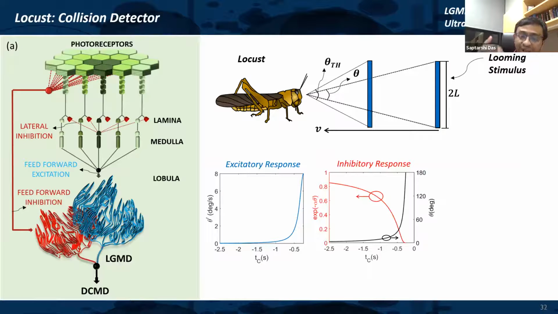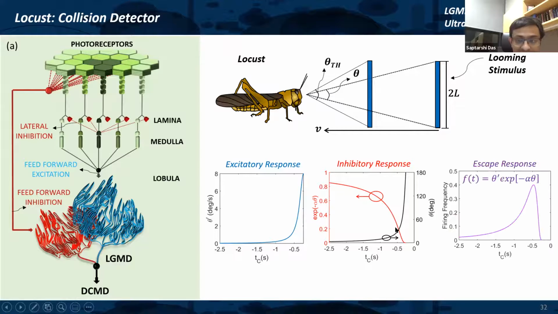Now, the angular projection theta actually comes to a lateral inhibitory network, and using this red dendrites, it actually converts the excitatory information into an inhibitory response. So although the angle theta is increasing, the dendritic branch creates a response which is actually monotonically decreasing.